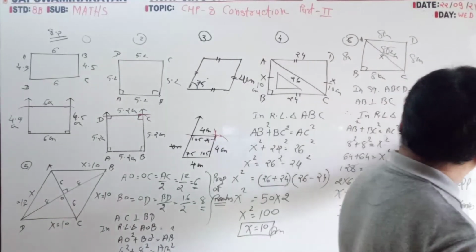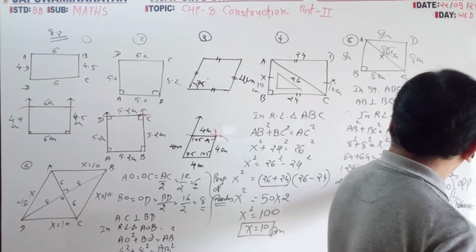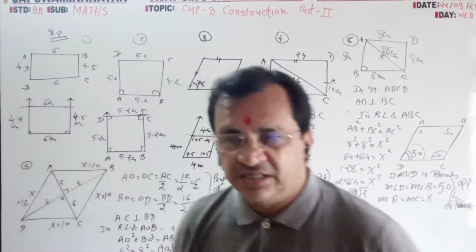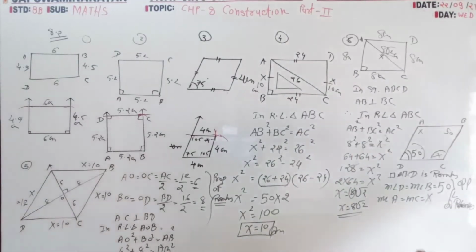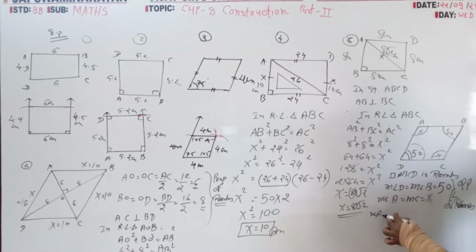Now this is 50, this is 50, this is x, x. But the sum of adjacent angles is always 180. Or you can say A plus B is equal to 180. Measure of angle A plus measure of angle B is 180. A is x, B is 50, so 180.